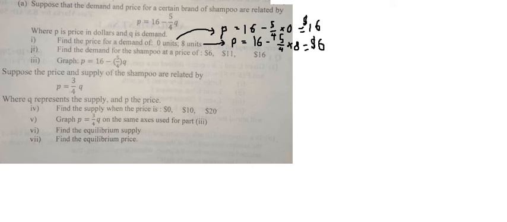Question number 2. Find the demand for the shampoo at a price of 6, 11, 16. So we have P, we change it to the number 6.